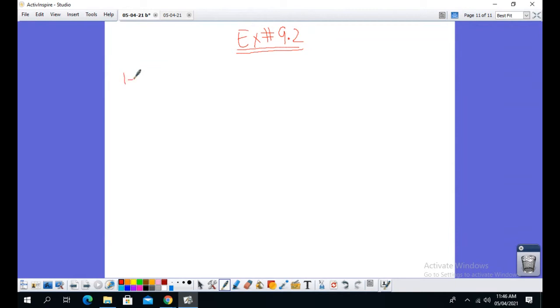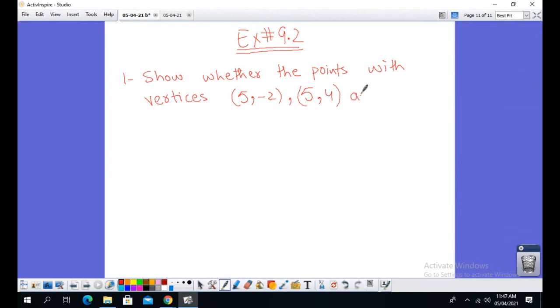The first question is: show whether the points with vertices 5, -2, 5, 4 and the third vertex -4, 1 are vertices of an equilateral triangle.